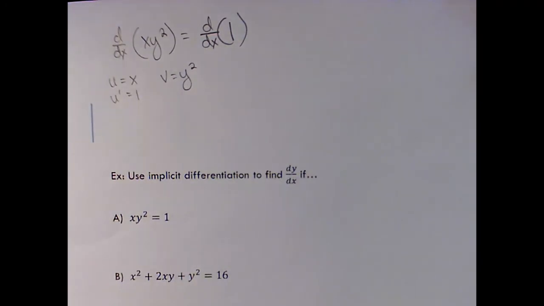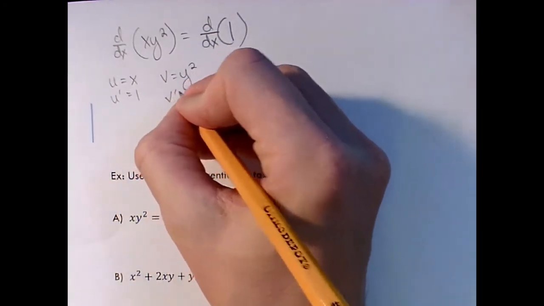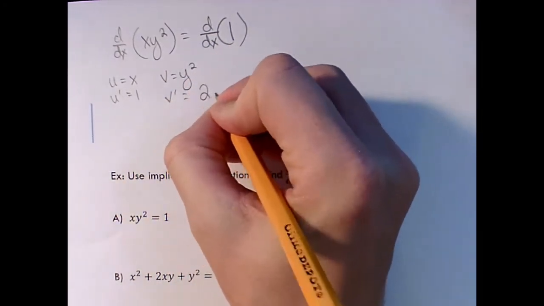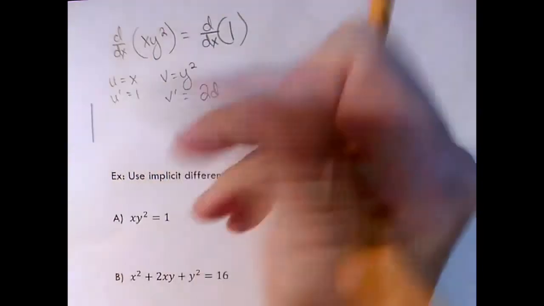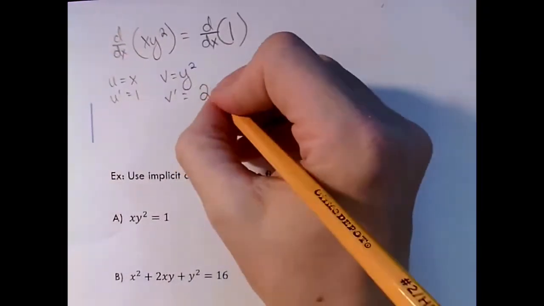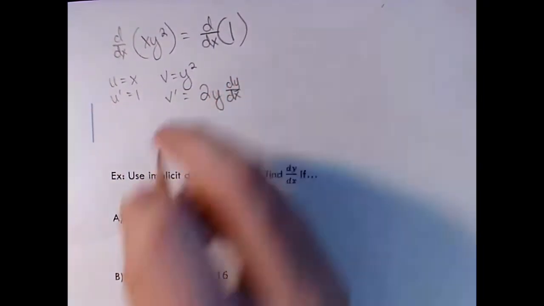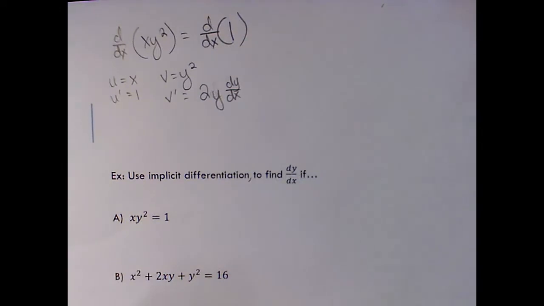When I take the derivative of v, which is y squared, with respect to x, v prime is going to be 2y dy/dx. Remember, when you take the derivative with respect to x of something that's not x, you just take the derivative like normal and you attach the d whatever dx to it.